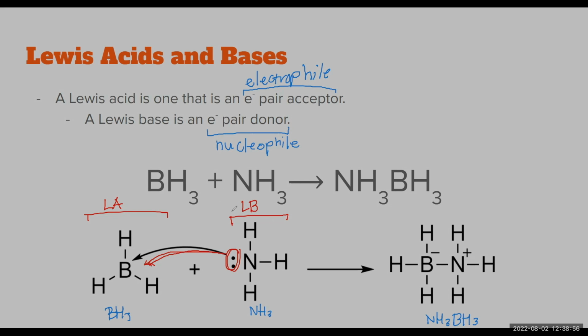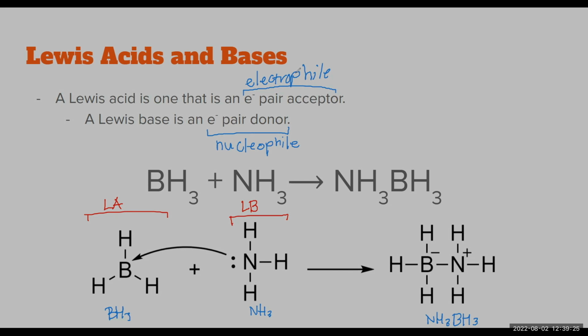Like I was saying earlier, it's kind of hard to visualize which is the Lewis acid and which is the Lewis base without having to draw the Lewis structures. Another way you might be able to tell is if you look at the partial positive and partial negative charges. You could potentially deduce which one's going to be the Lewis acid and which one's going to be the Lewis base.